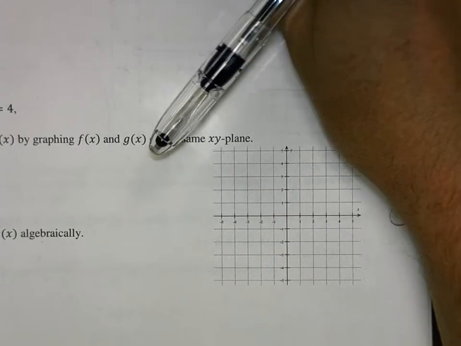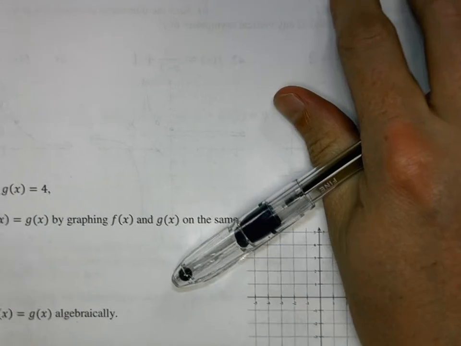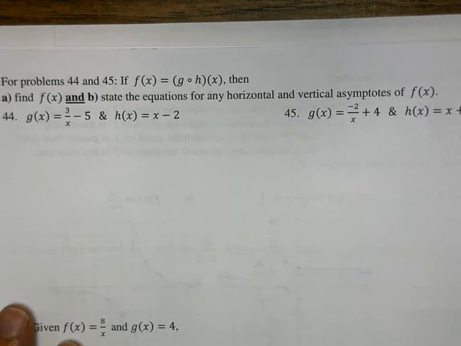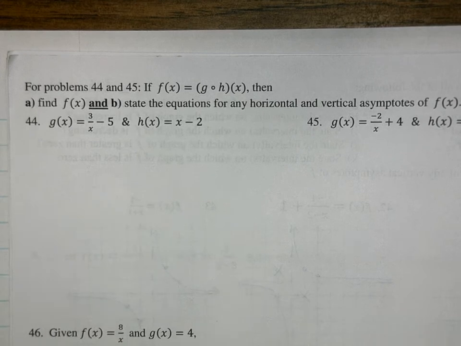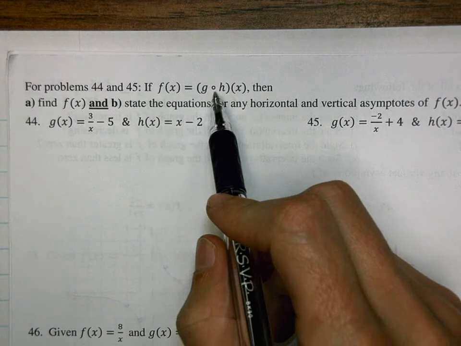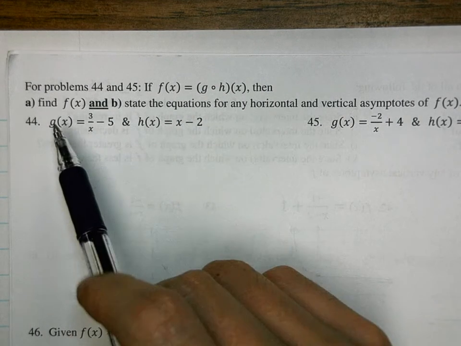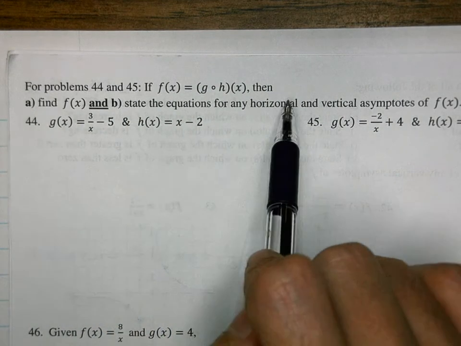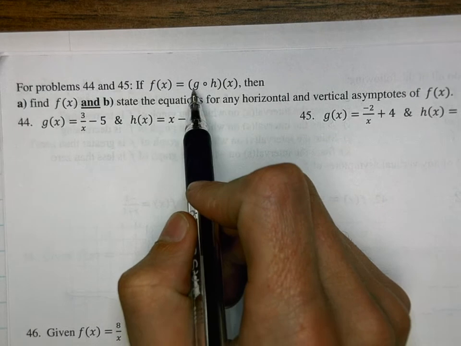44. Find f of x. If f of x is g of h of x, then find f of x and state the equation. Okay, so g of h. That means you take h and you plug it into g.